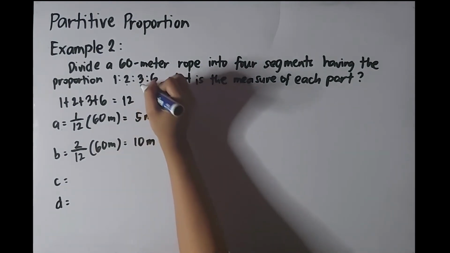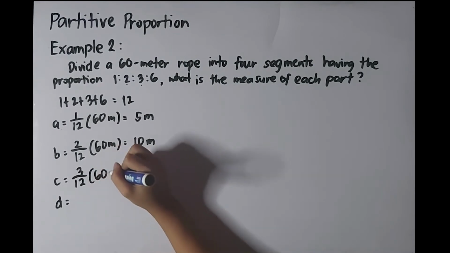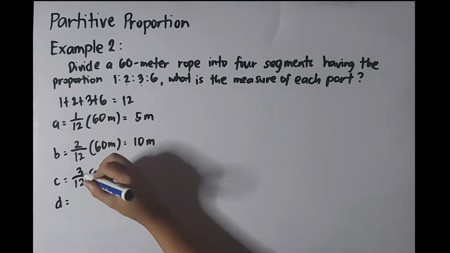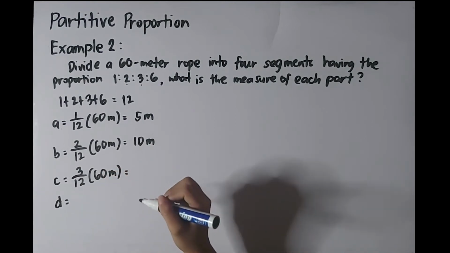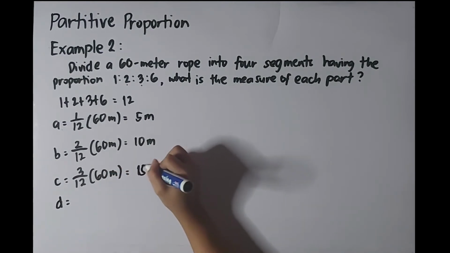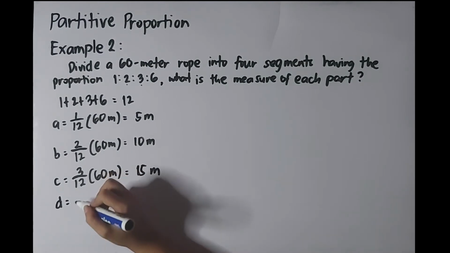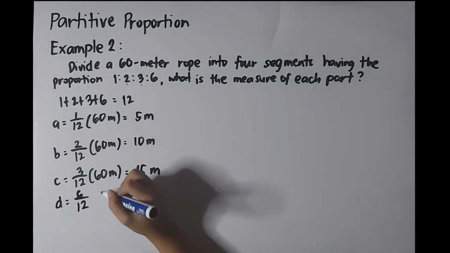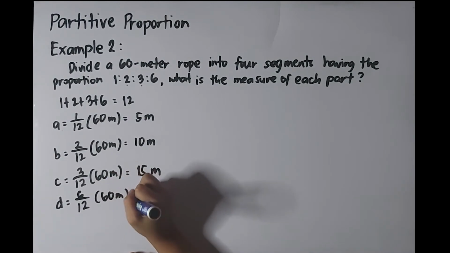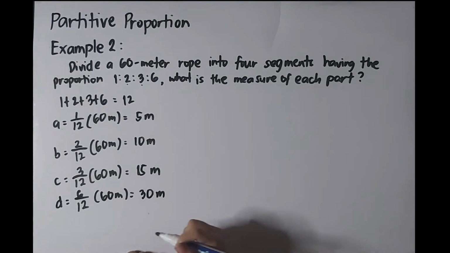So third, we have 3/12 multiplied by 60 meters. So 3/12, or simply 1/4 of 60 meters, that is equals to 15 meters. So this is the length of the third segment. And lastly, we have 6/12, or simply 1/2 of 60 meters. So that is equals to 30 meters.